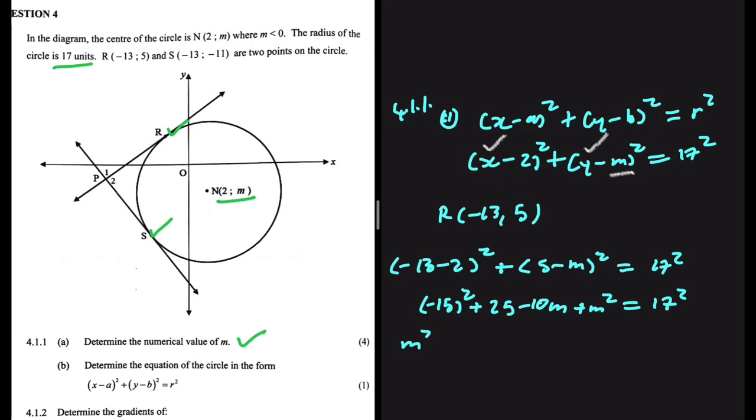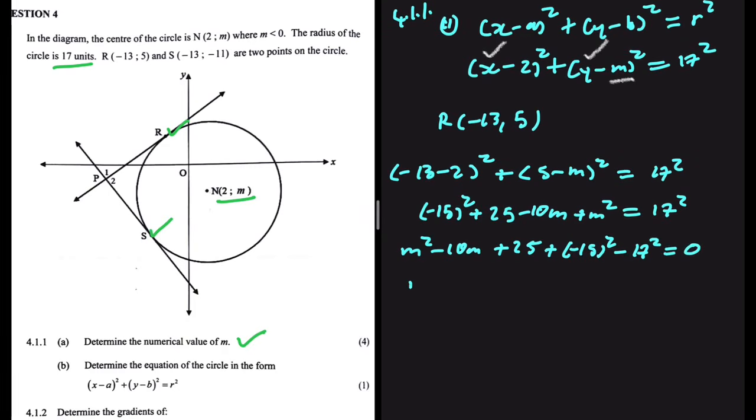So we're going to have m squared minus 10m plus 25 plus minus 15 squared minus 17 squared being equals to 0. So we're going to have m squared minus 10m minus 39 being equals to 0.